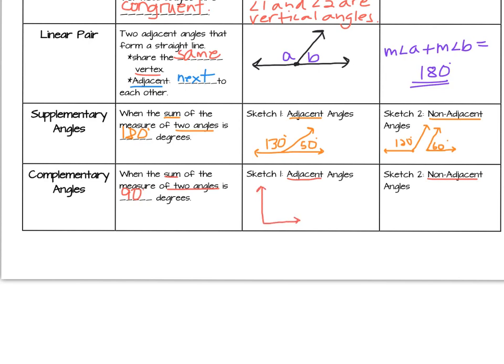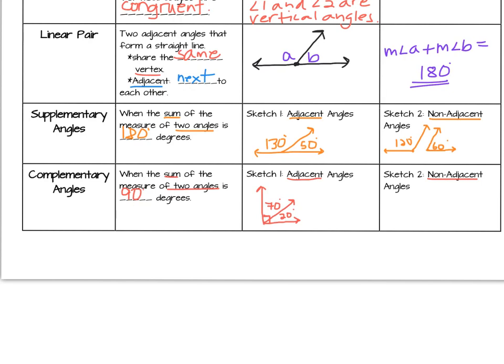And then to verify that it's 90 degrees, we're going to put that little box in the corner like so. And then my vertex is down here. Now we can divide it up any way we want. I'm just going to draw a ray through the middle over here. And let's say that this angle at the top is 70. And then that little angle on the bottom would be 20. So they add up to 90 degrees and they're connected.